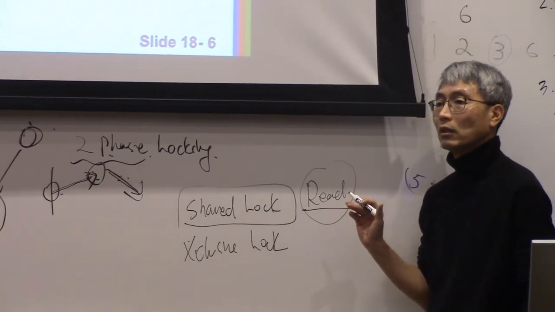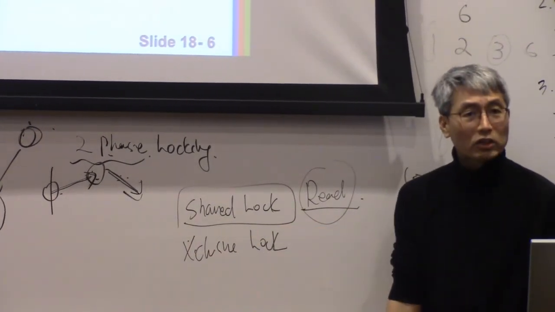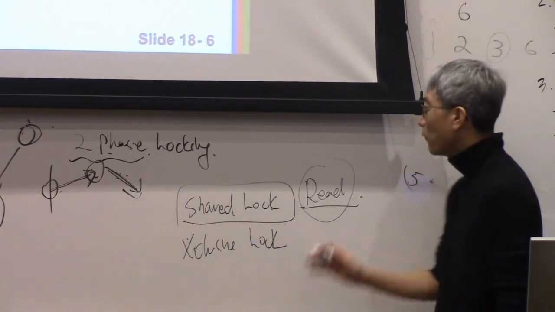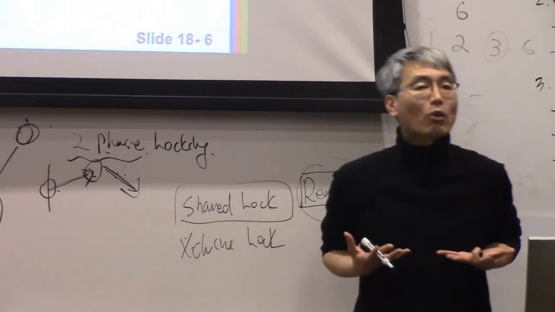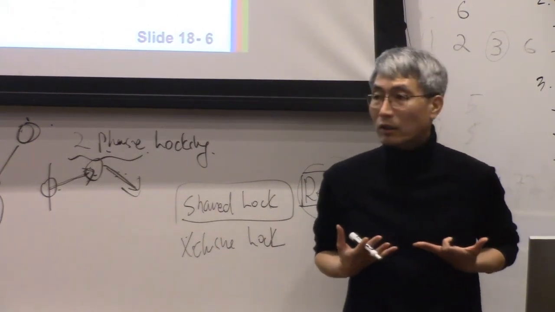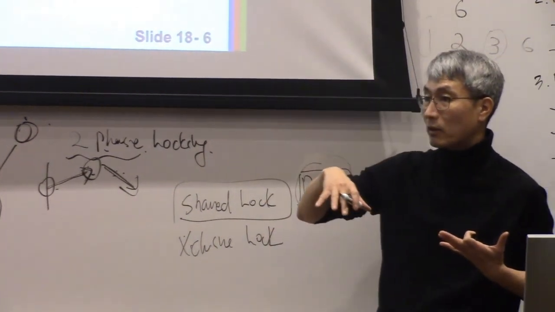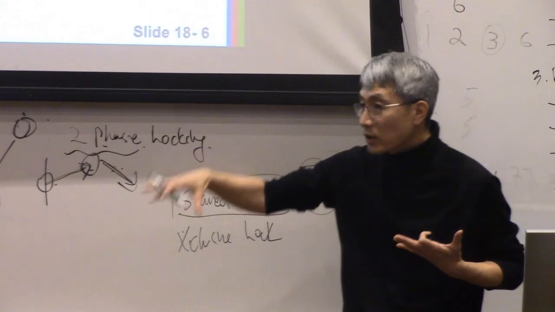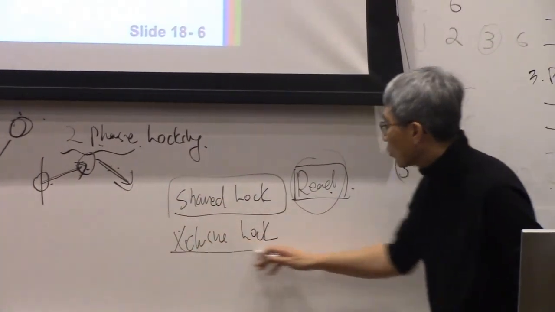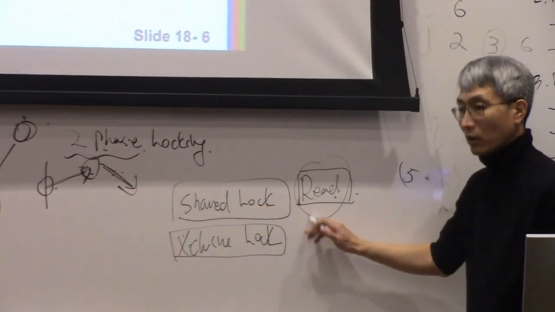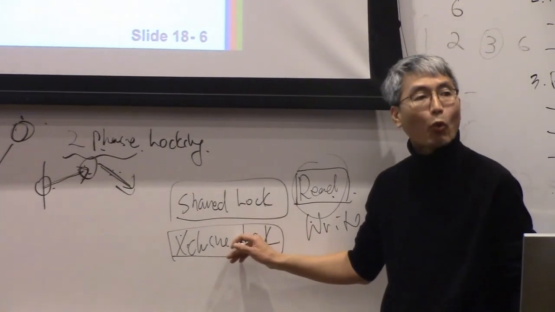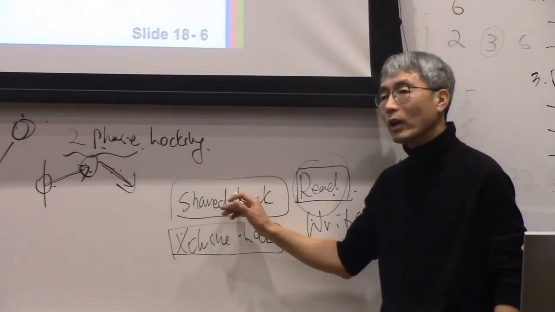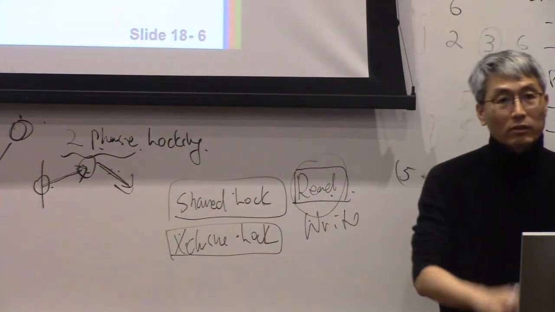Somebody may want to write and change it. If we do not consider the read lock, the shared lock, and somebody changes it, how can I guarantee the reading? As we have seen last time, it would be inconsistent. The exclusive lock is, in other words, a write lock. Maximum 1 or 0, and the shared one is as many as possible.